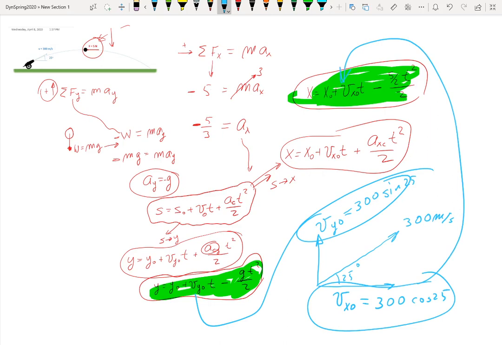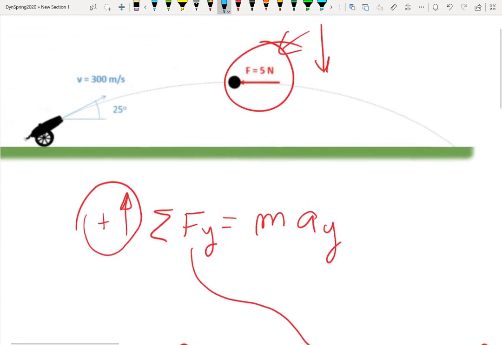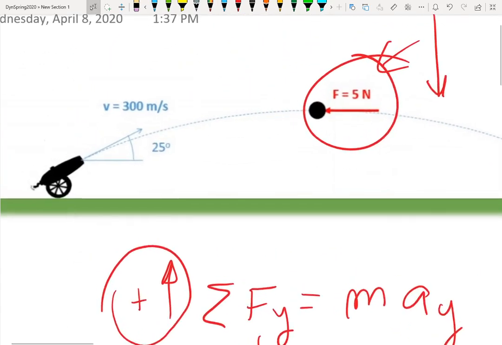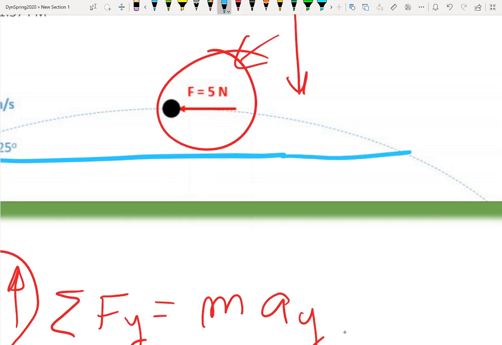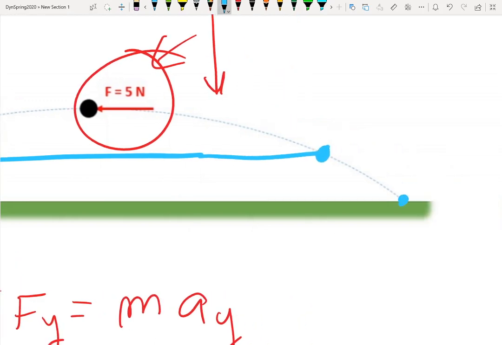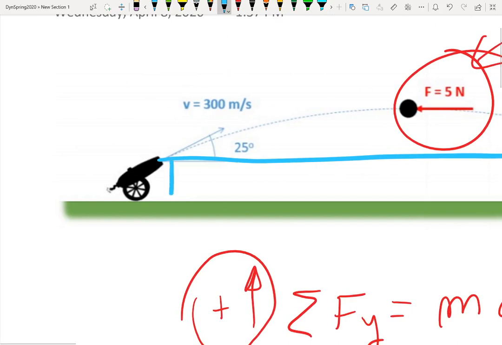The last thing you need to be aware of is that he doesn't say this is so many feet off the ground. So I'm going to assume the range he's looking for is here and not here, because I do not know whether this is 10 meters, 100 meters, 1,000 meters, or 10,000 meters high.